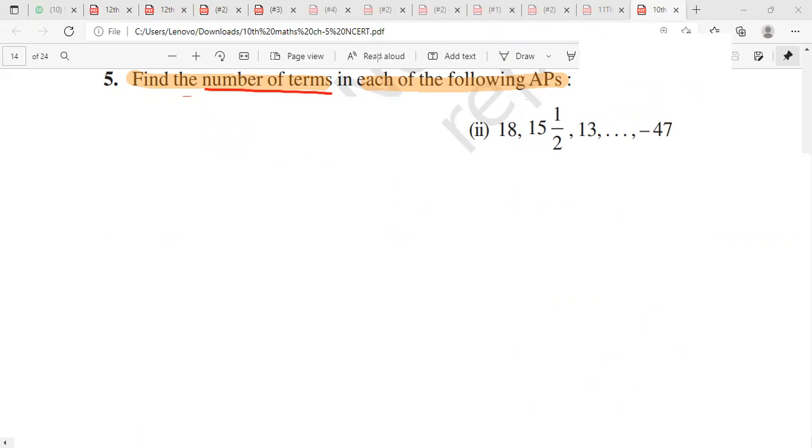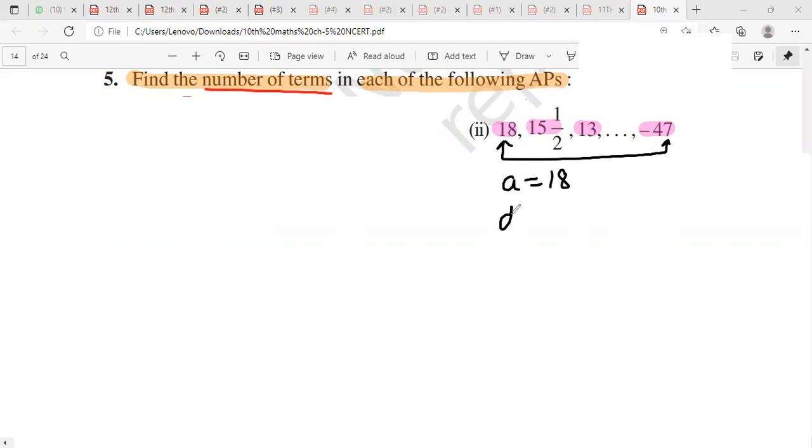So the next part: the first term is 18, then 15 and a half, 15 1 by 2, 13, and so on up to minus 47. Again the same question: from 18 to minus 47, how many terms are in this AP? Here the first term A is equal to 18.